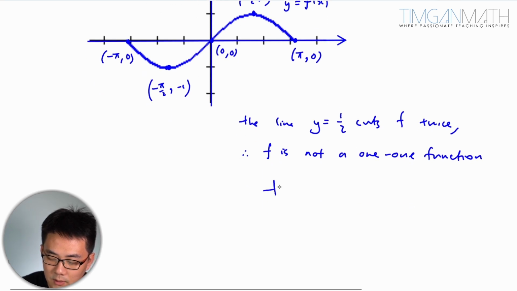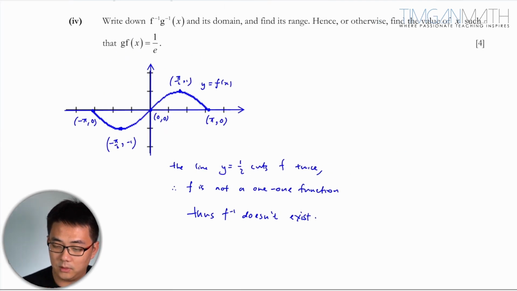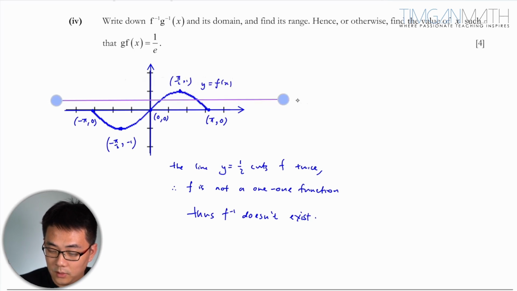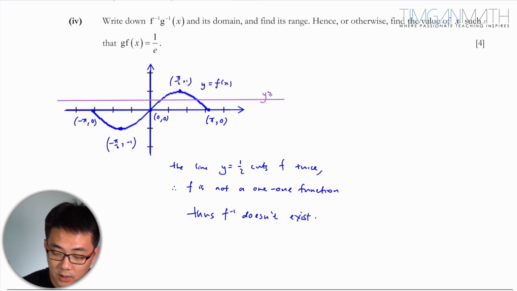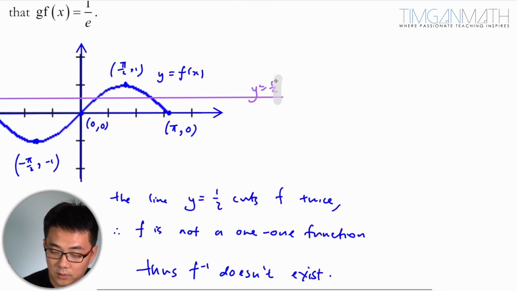Thus f inverse doesn't exist. You just use the horizontal line test here. Using a half here, you realize that it cuts twice, so this is obviously not 1-1.